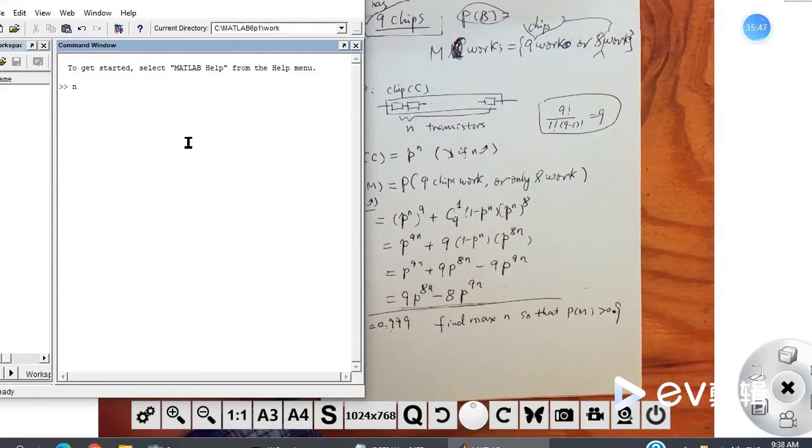I use n, run from, I don't know how many n it will work. Like I start from 1 till 100. I just choose some n. This is n. And then I calculate this probability Pm, the probability of m equal to 9 times p. I need a p. P is lowercase p.